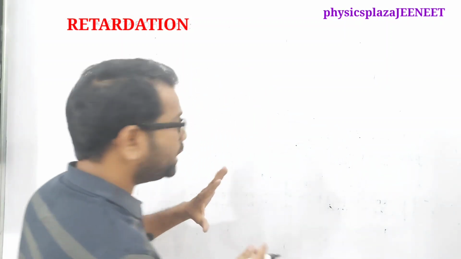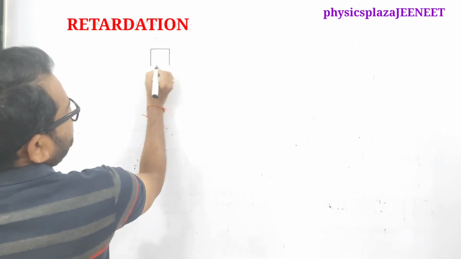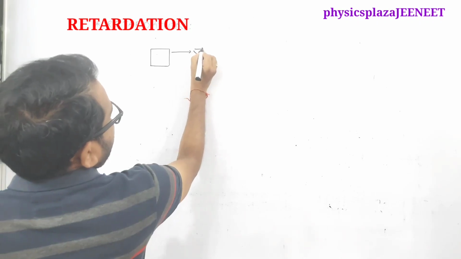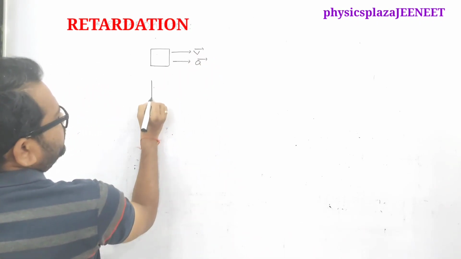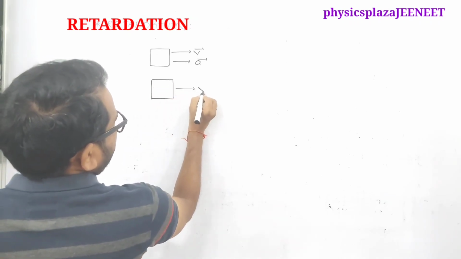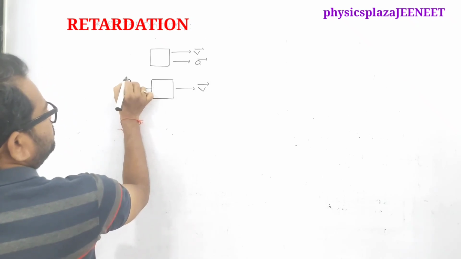Let me give you an example, then you tell me. Suppose here is a body, velocity is acting in this direction, and acceleration is also in the same direction. In a second case, velocity is in this direction and acceleration is in this direction.